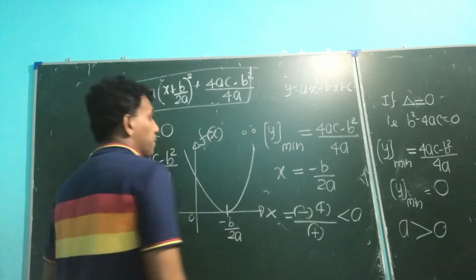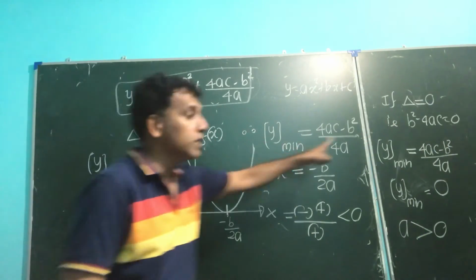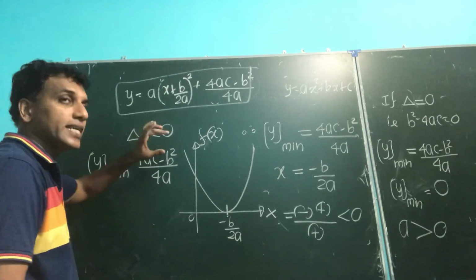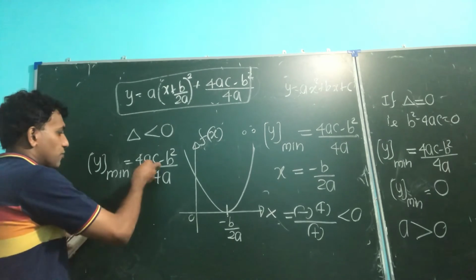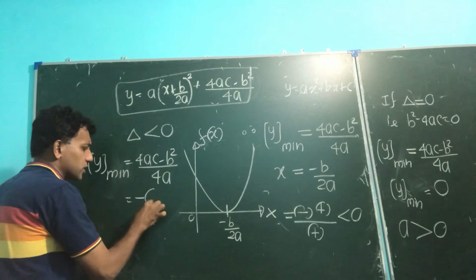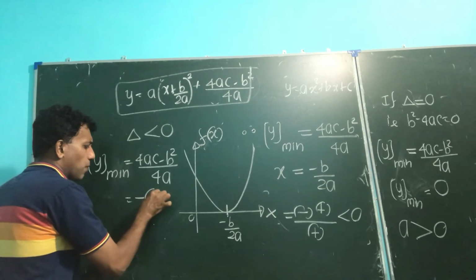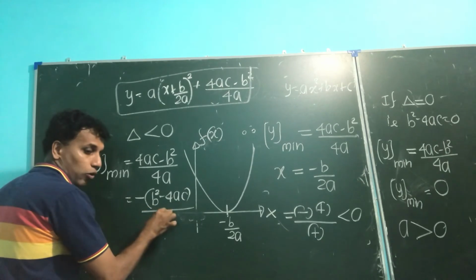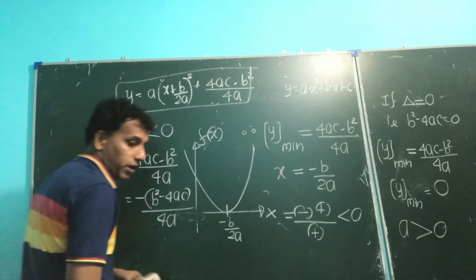Now we'll see what happened. What does delta mean? b square minus 4ac is called delta. So I can rearrange this. Take the minus out: minus of b square minus 4ac, divided by 4a.